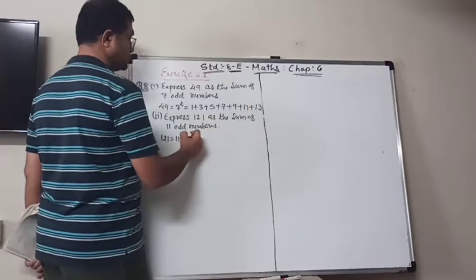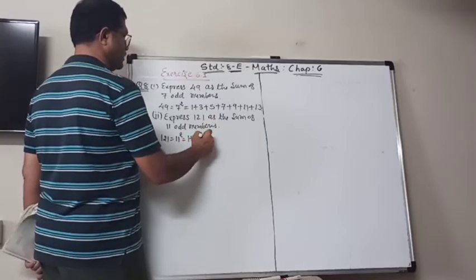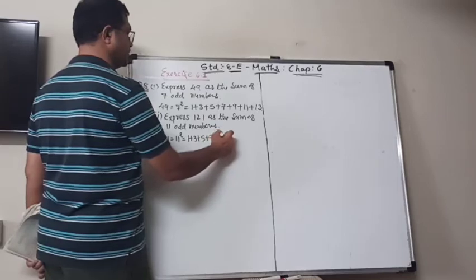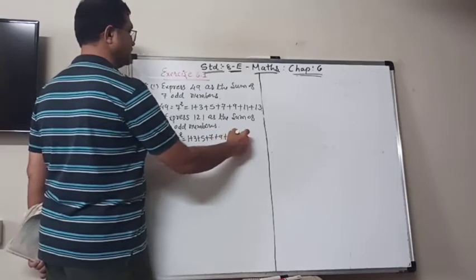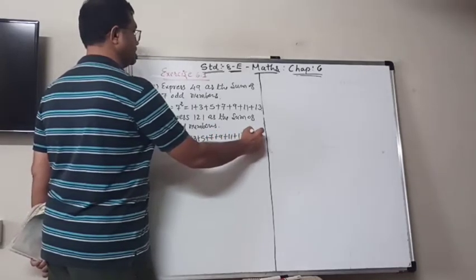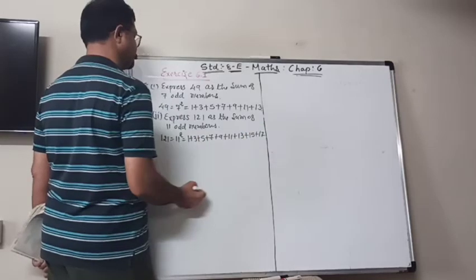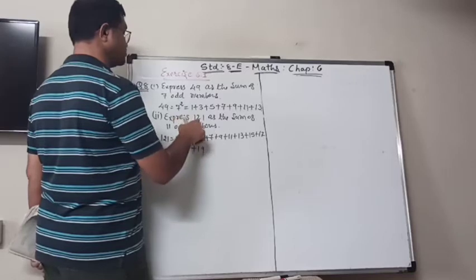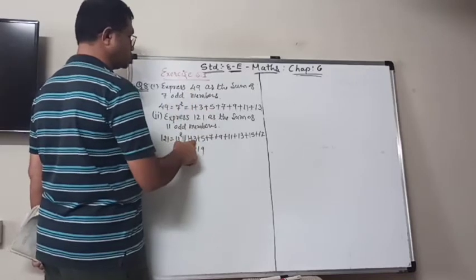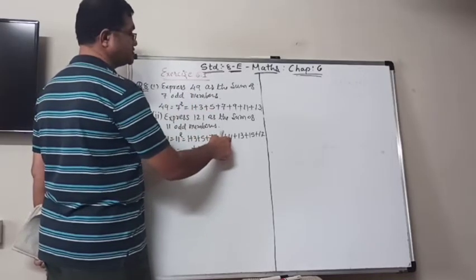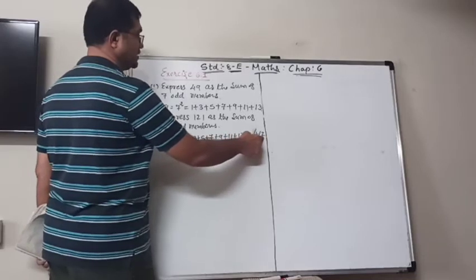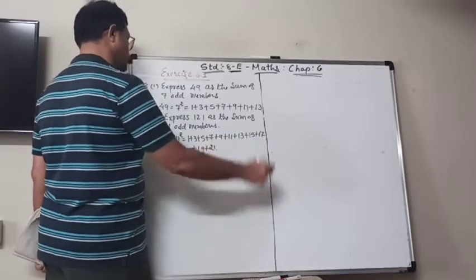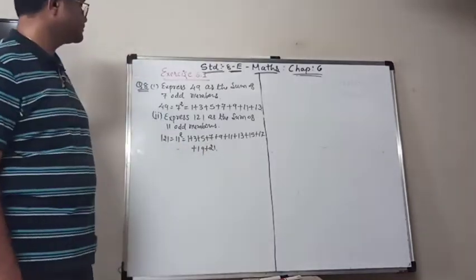So we have to write down the 11. 1 plus 3 plus 5 plus 7 plus 9 plus 11 plus 13 plus 15 plus 17 plus 19. Check how many we have to write down. 11. 1, 2, 3, 4, 5, 6, 7, 8, 9, 10 and 11. So one more, plus 21.